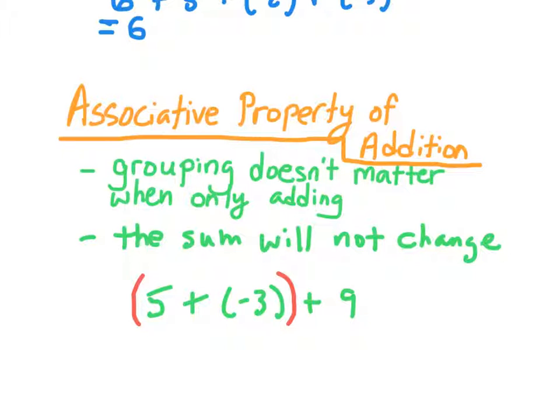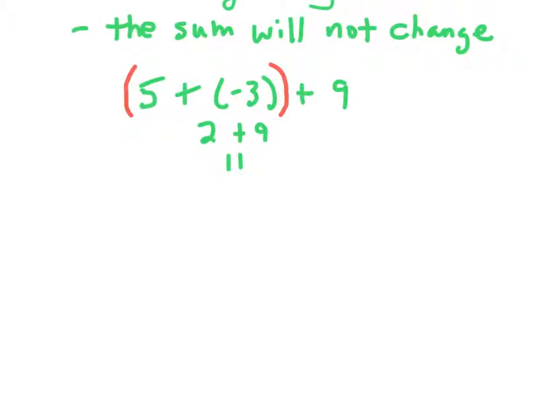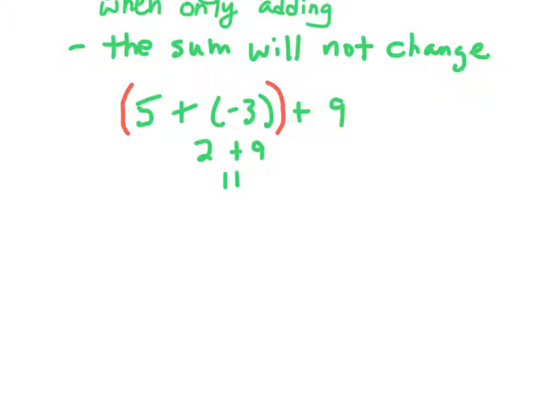Now let's say right now that this is grouped as such. That would mean I have to do what first? If I put those parentheses around the 5 plus -3, I've got to do that first, right? So that would be 2 plus 9, and I'll get 11. Now, to just demonstrate the property, I'm going to change the grouping.